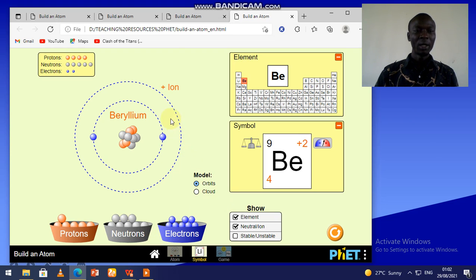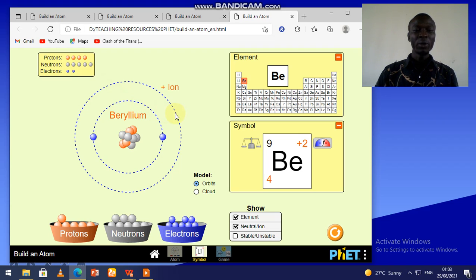Finally, let's look at the symbol of this atom now, after losing the 2 electrons. The symbol is capital B, small e, plus 2. This plus 2 corresponds to the 2 electrons that were lost, or the 2 extra protons.